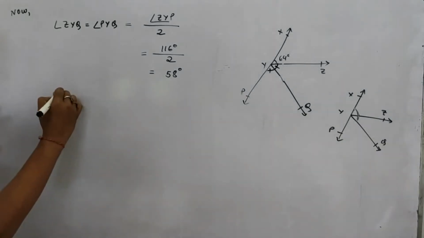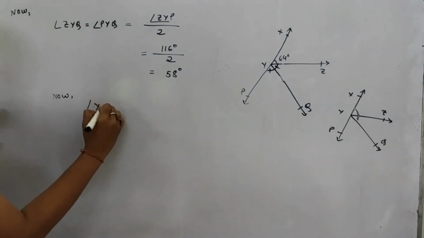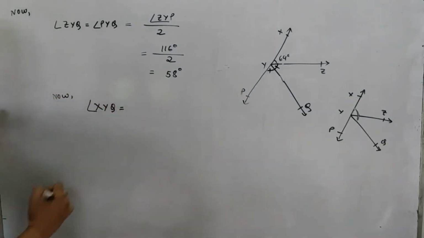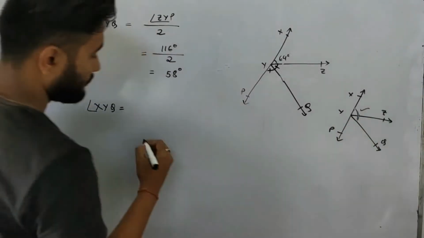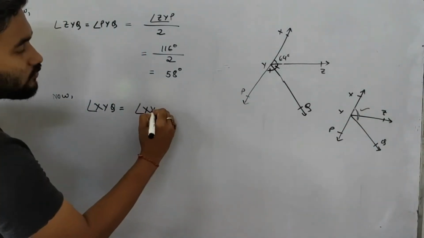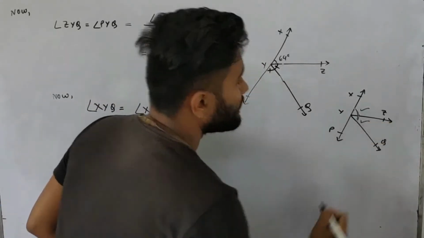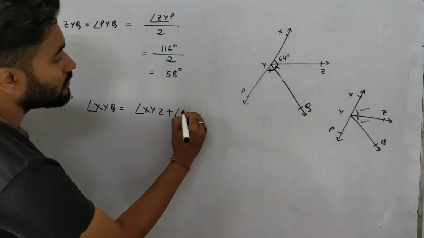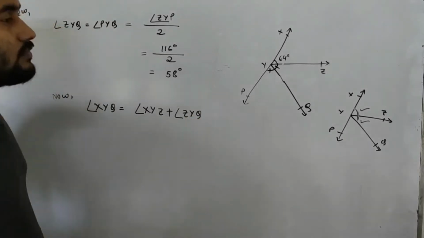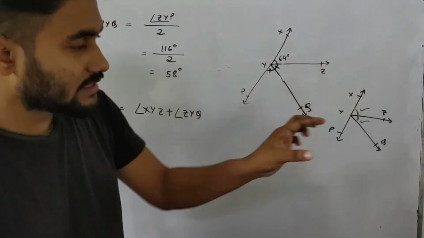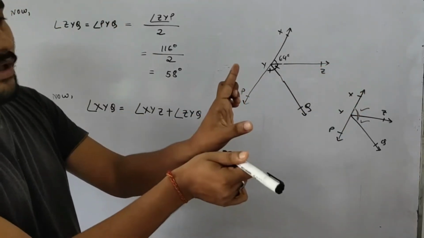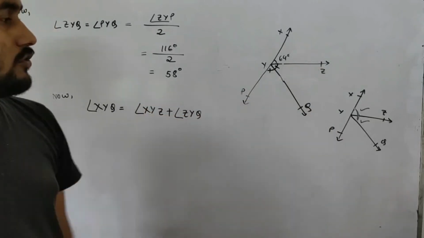So now angle XYQ will be this angle, that is angle XYZ, plus this angle ZYQ, isn't it? If I add these two angles together, it will become angle XYQ.